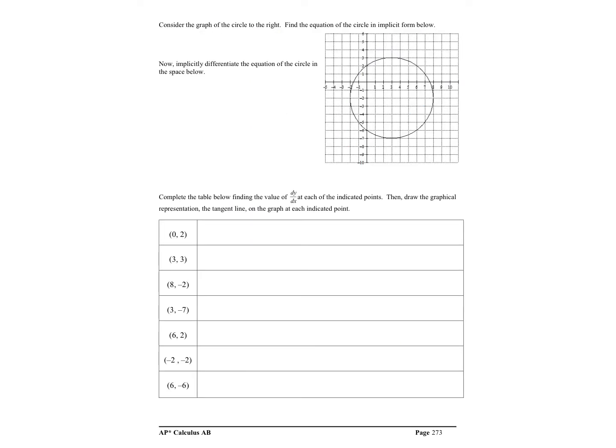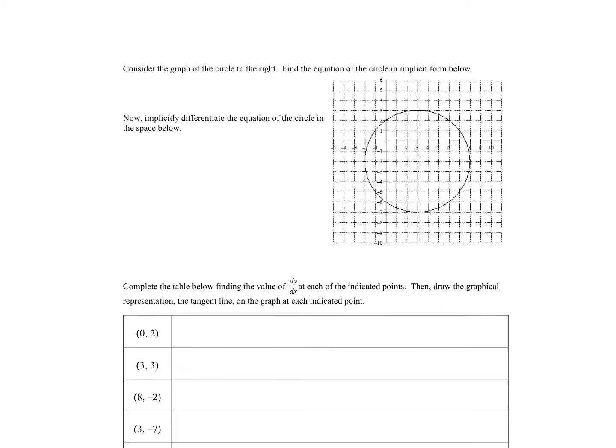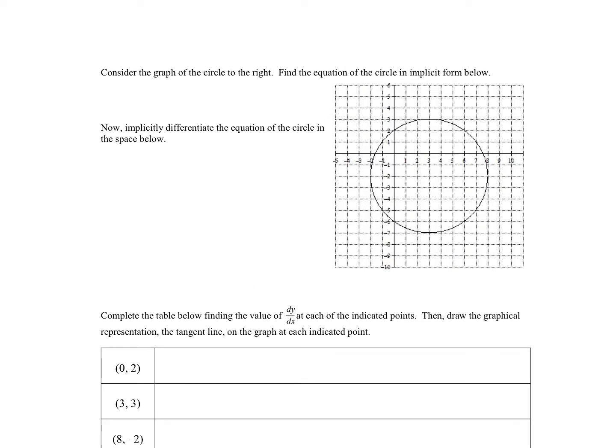Okay, the next page. Consider this picture, this graph. It's another circle. Find the equation of the circle. Well, we just did the equation of a circle that looked like this: x squared plus y squared was 25.